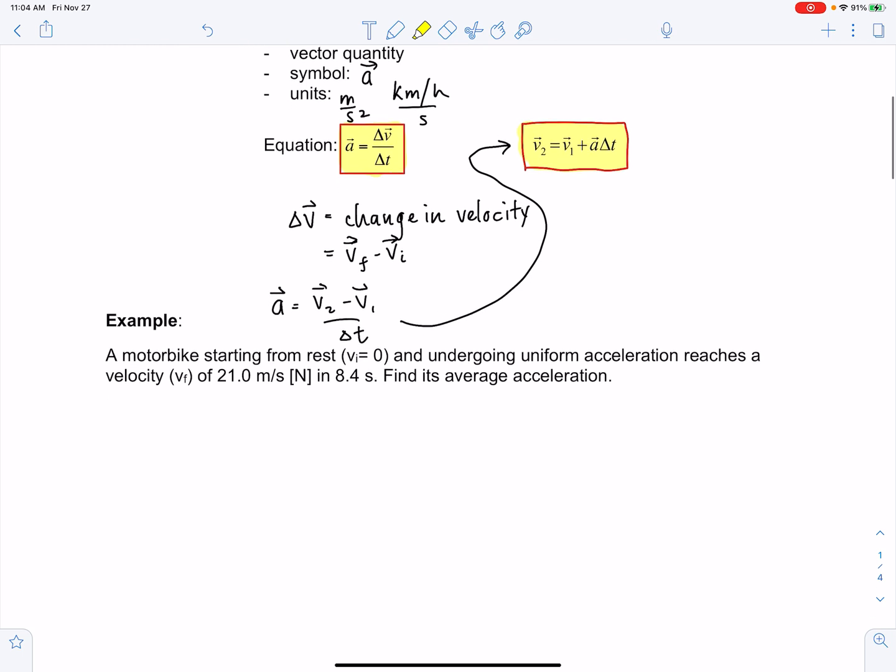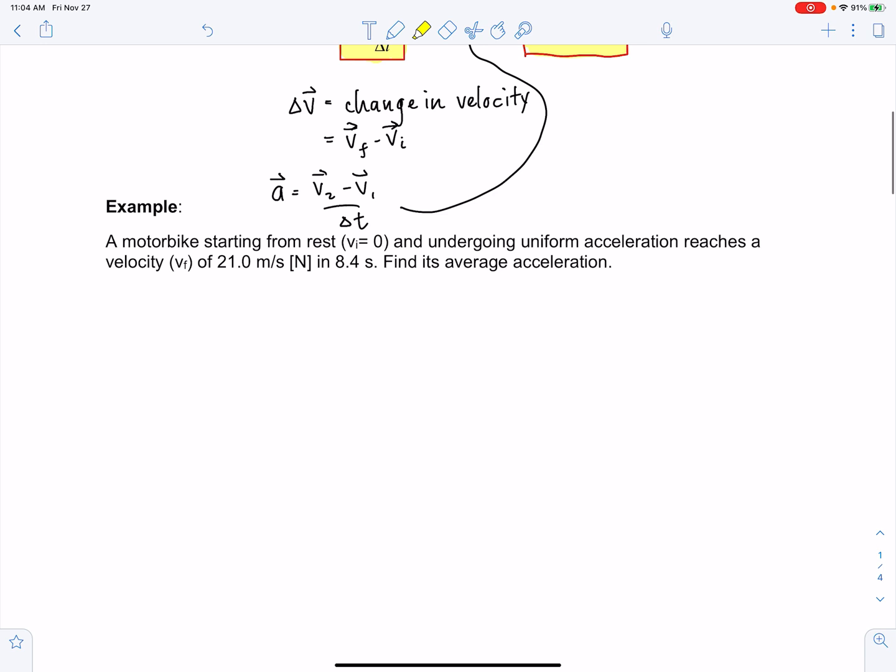Let's try with an example. A motorbike starting from rest with an initial velocity of 0 and undergoing uniform acceleration reaches a final velocity of 21.0 meters per second. In this question, they tell you that the object starts from rest and that its initial velocity is 0.